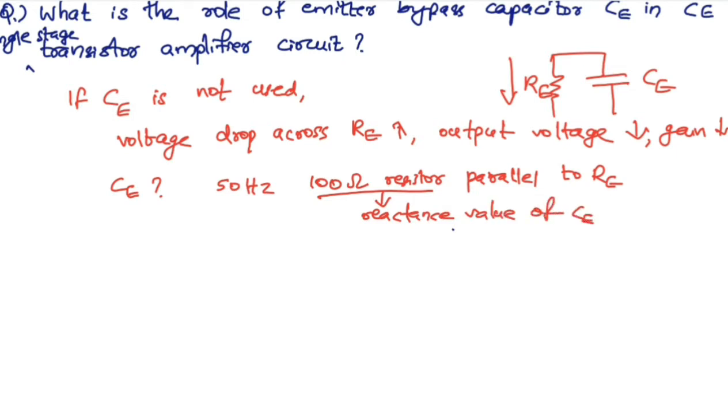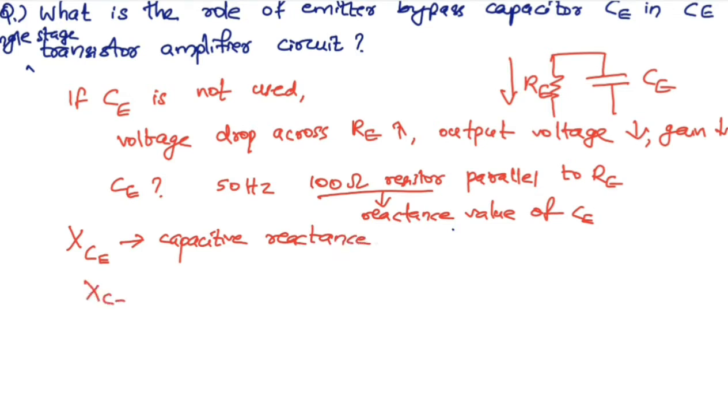You may have studied in electrodynamics the relation between capacitance and capacitive reactance. The resistance offered by the capacitor is called capacitive reactance, denoted by Xc. How can we find the capacitive reactance?